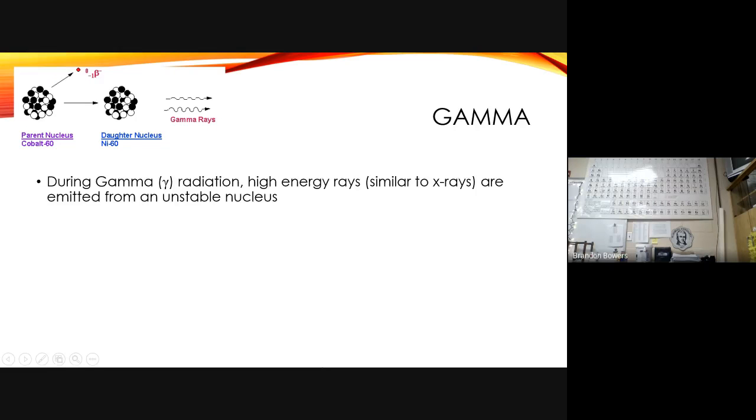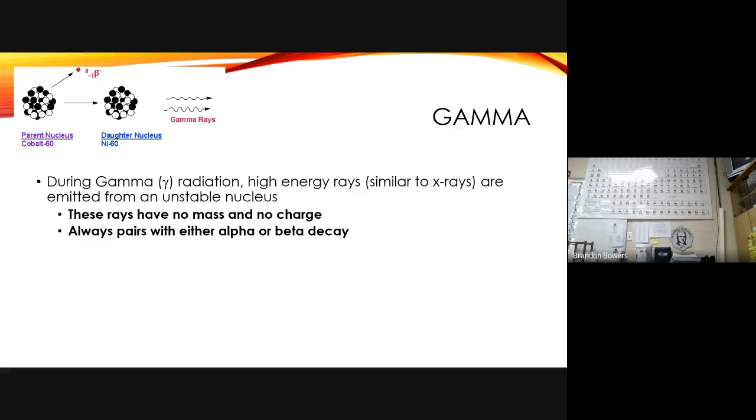And it's really fascinating, because it only pairs with alpha and beta. You will never see a gamma by itself. Okay?